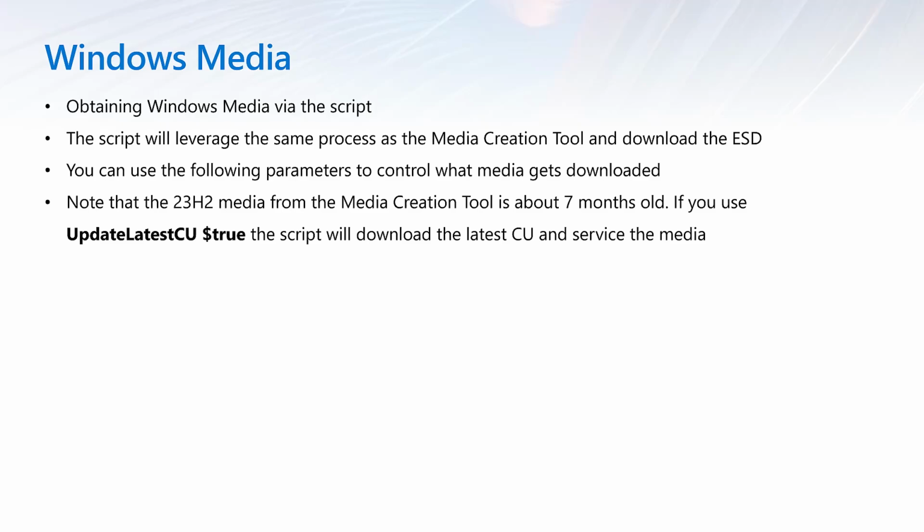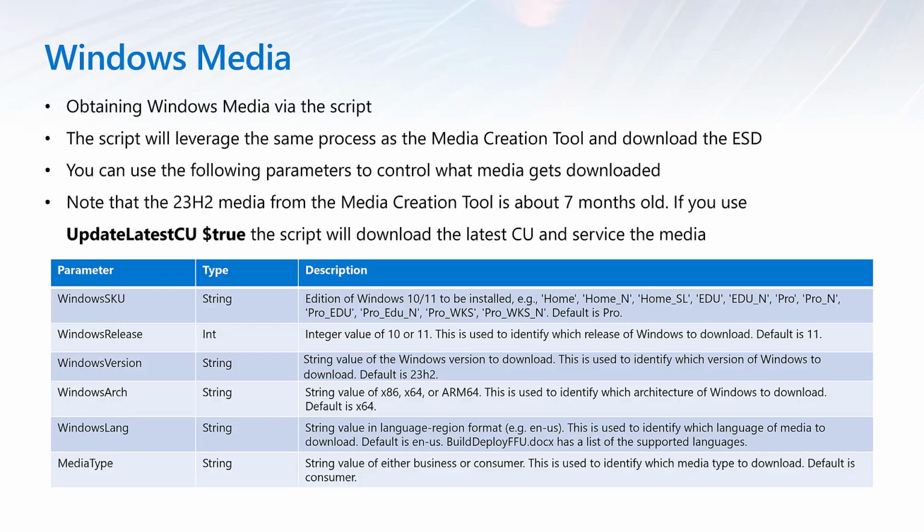So what will happen when you do this is that it's just going to take a little longer to add the cumulative update to the older media. It might add about 13 minutes. That's the timing that I've noticed. It's about 13 minutes right now of additional time for it to add the CU to the 23H2 Windows 11 media. So just keep that in mind.